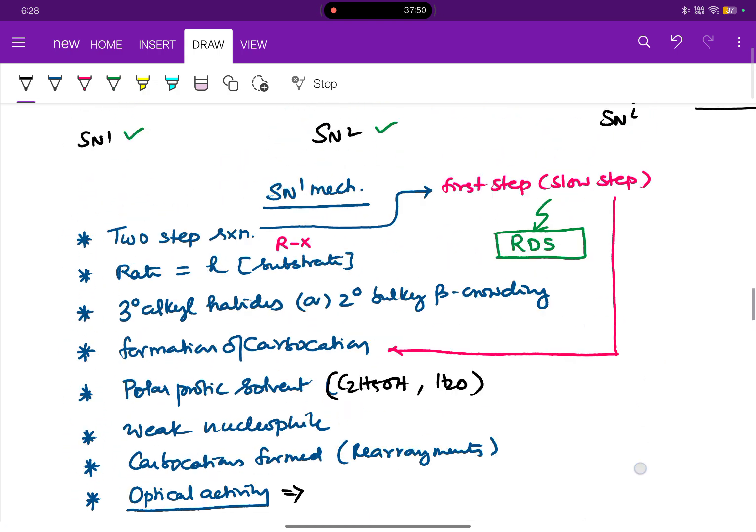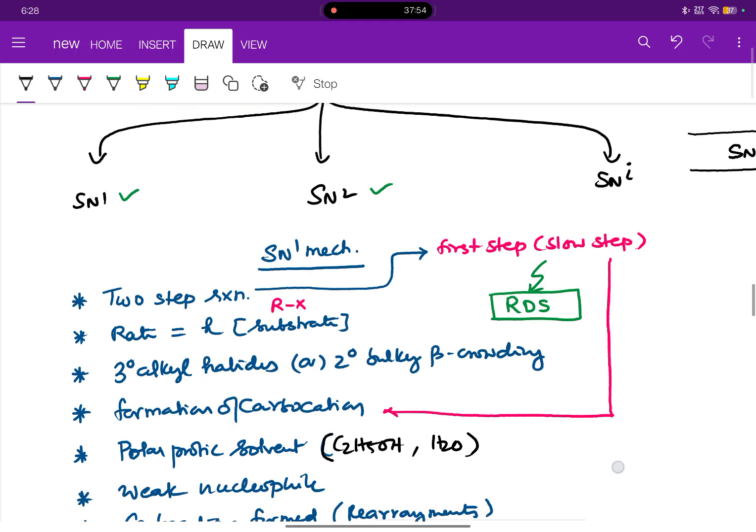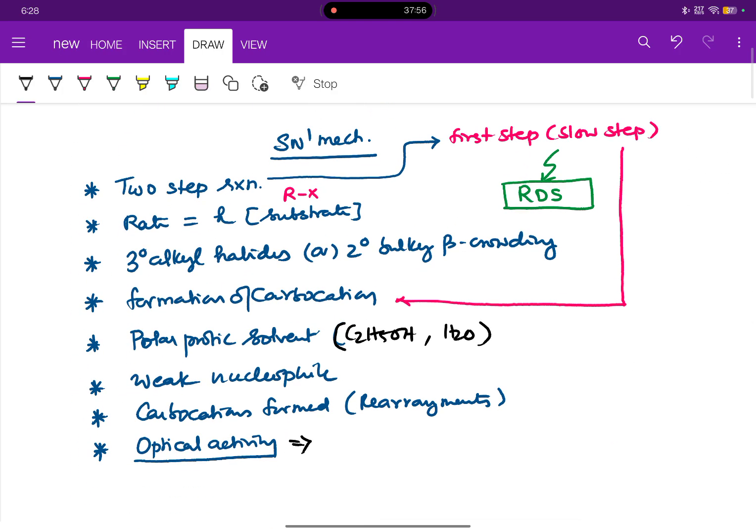So, let me repeat. There are two types of reactions, SN1 and SN2. SNi is not there. The SN1 reaction is a two-step reaction. The first step is a slow step, which is the rate determining step. Second point, rate will be dependent on the substrate alone, that is the alkyl halide only.